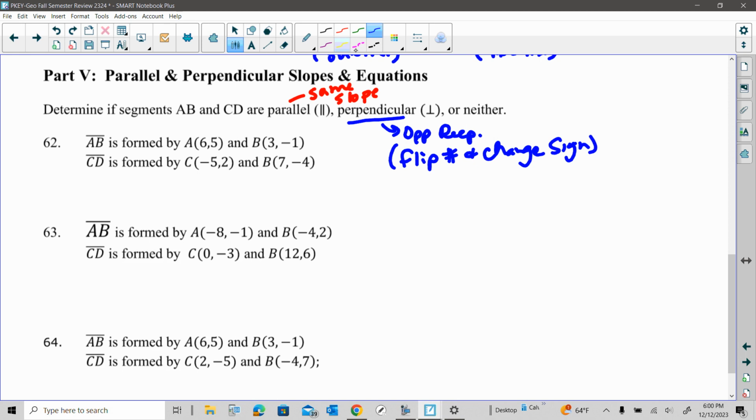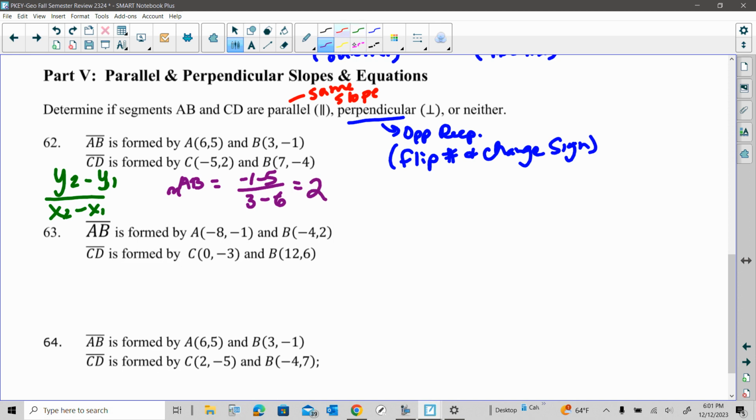So on here, all we're going to do to determine the slope, if I've given you 2 points, is use the slope formula, which is y2 minus y1 over x2 minus x1. So you need to do each set of points. Like if I do AB, that slope, I'm doing -1 minus 5 over 3 minus 6. Then simplifying that, this comes out to a positive 2.